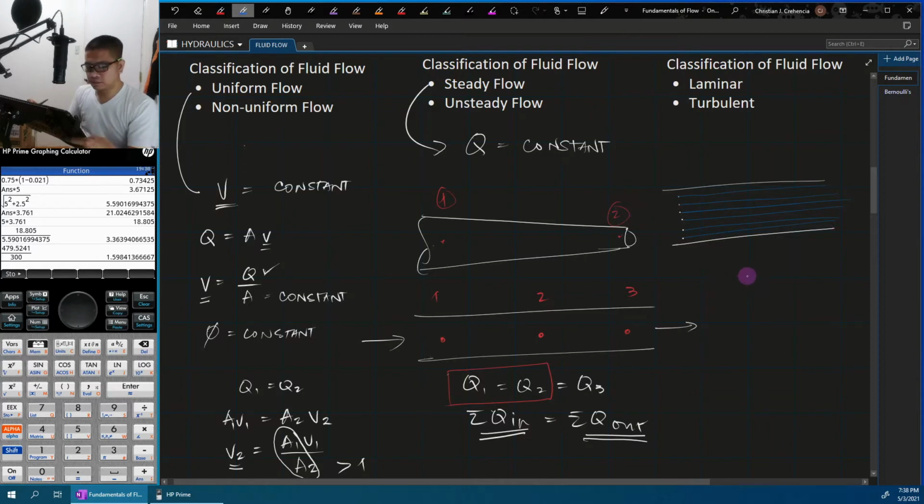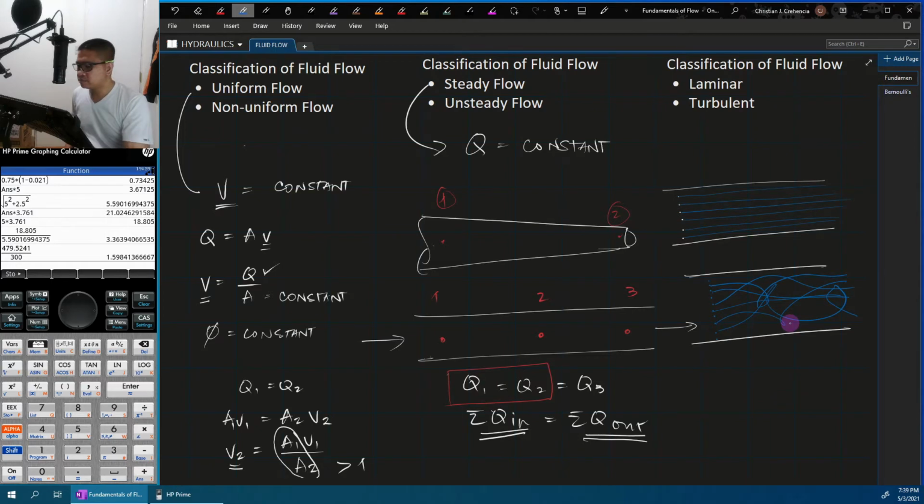While dun sa turbulent, ito yung mga particles na analyze natin, magulo sila. Pwede siyang umikot ng ganyan. Parang chaos talaga yung movement. Itong streamline, magulo siya. That's why pagka nasa airplane tayo, di ba, pagka sinabing may turbulence, umaalog, parang nalulubak yung airplane natin.